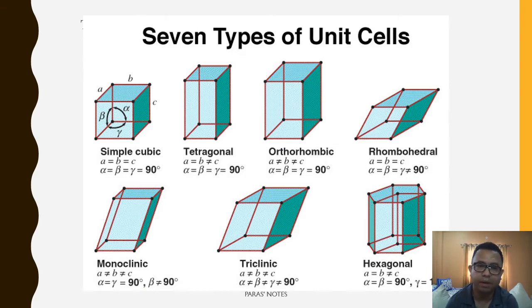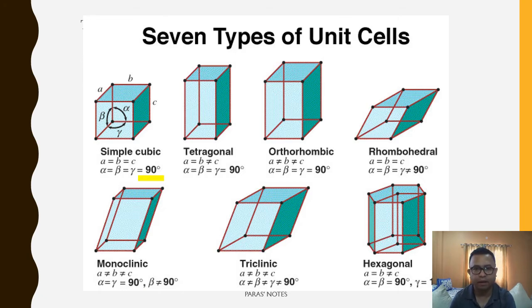Then alpha, beta and gamma are all equal to 90 degrees. That means the angle between the edges of length and breadth is 90, from breadth to height is also 90, and height and length is also 90. So alpha, beta, gamma are all equal to 90 degrees. This is called simple cubic.